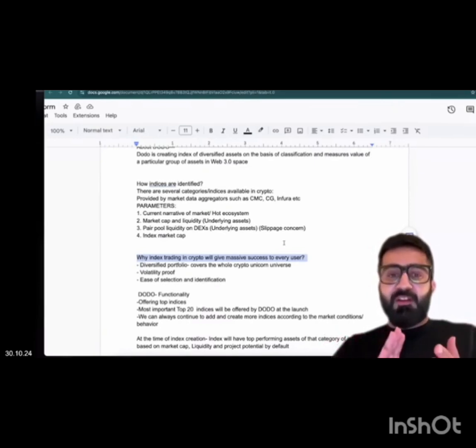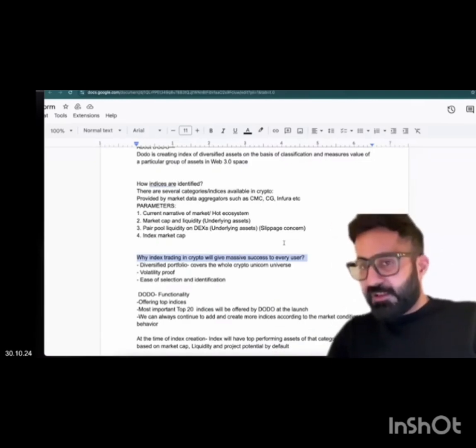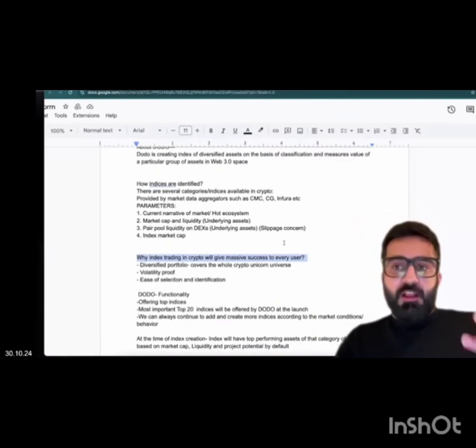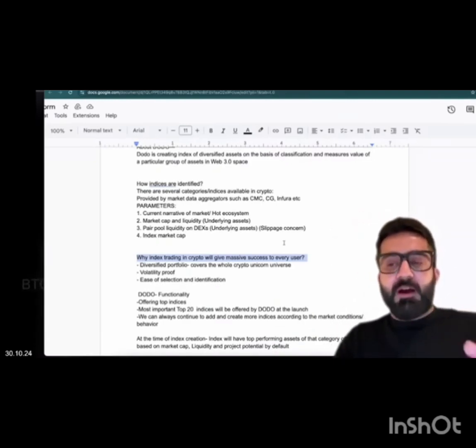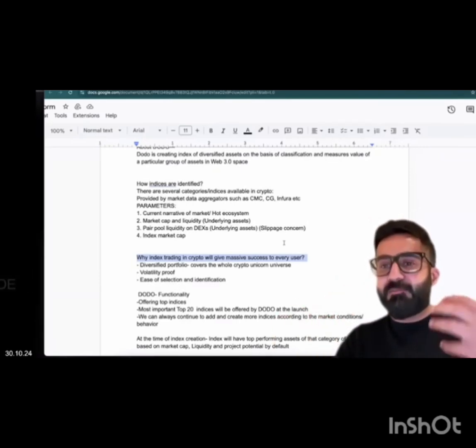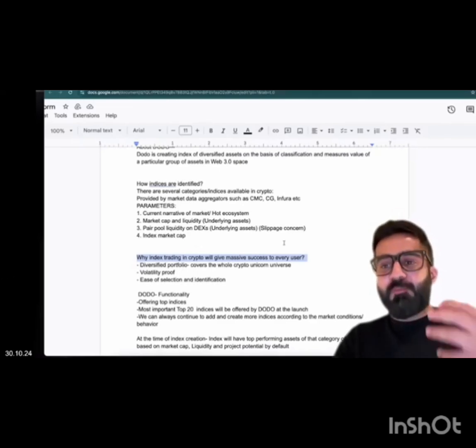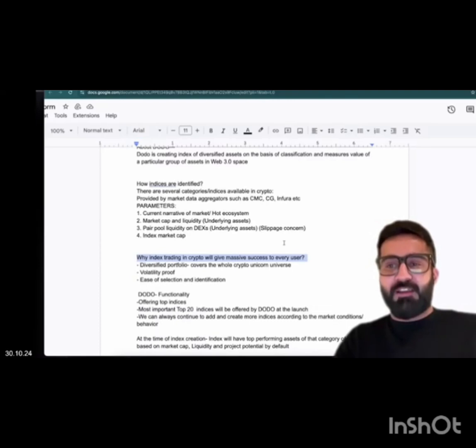So, to summarize everything, if I have to explain Dodo to someone in one sentence, I would say: if you go ahead and buy all the indices which are listed on Dodo, you pretty much hold the entire market share. So you move potentially with the whole market.